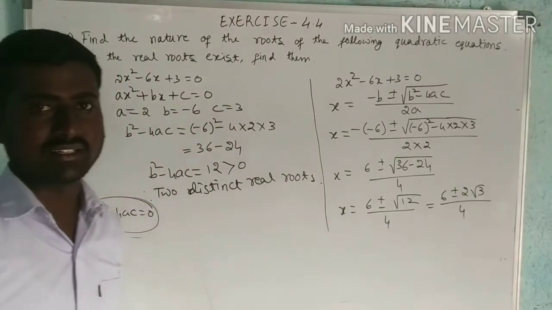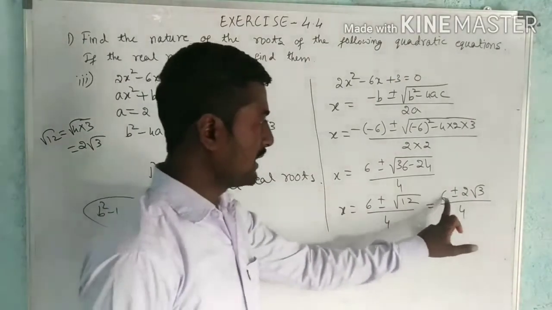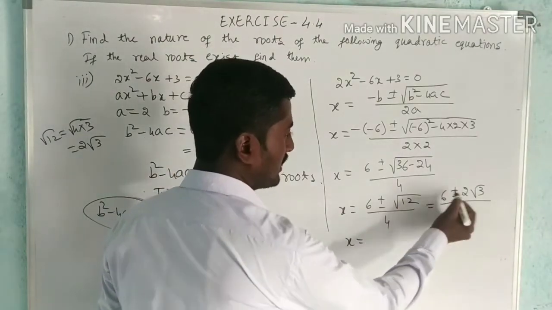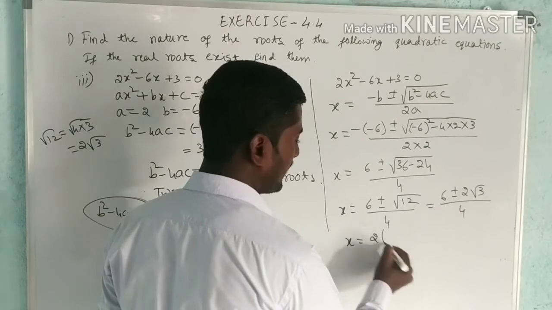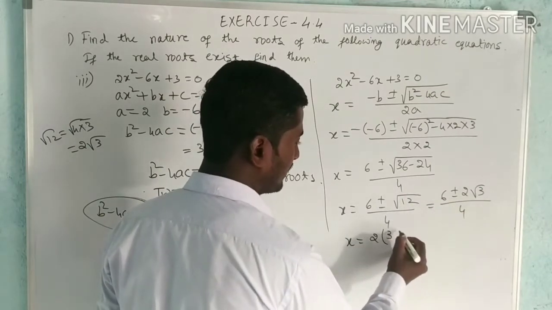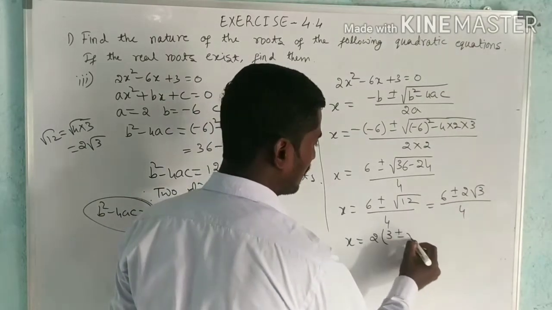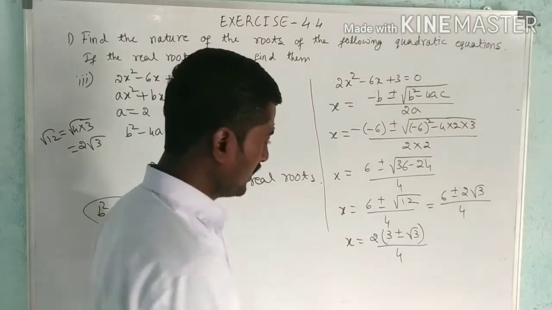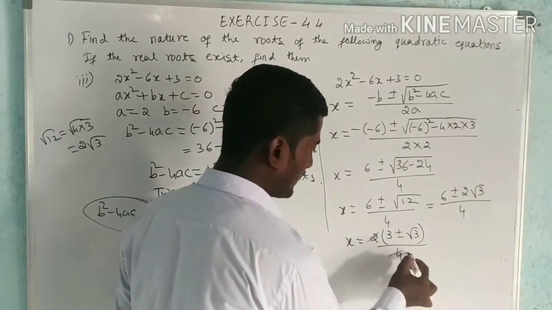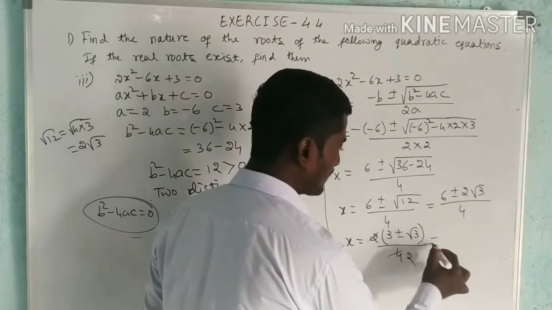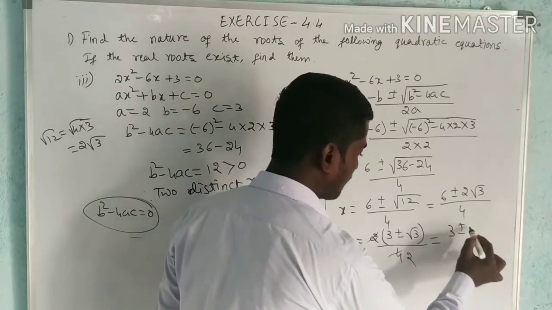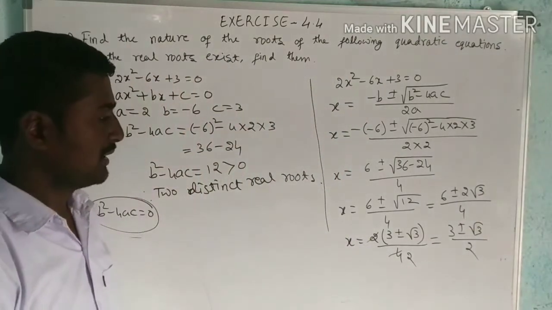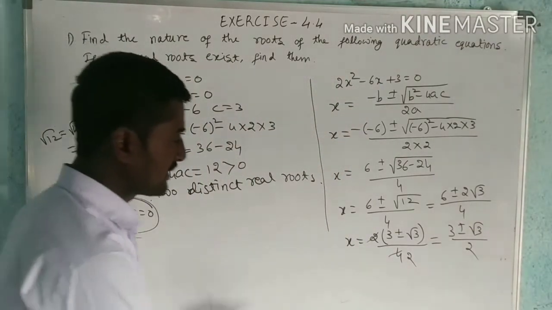Now still I can write it in the simplest form. Here I can take 2 as common. Now x equals, if 2 is taken outside, the remaining is (3 ± √3)/4. Now 2 ones are 2, 2 twos are 4, so the remaining is (3 ± √3)/2.